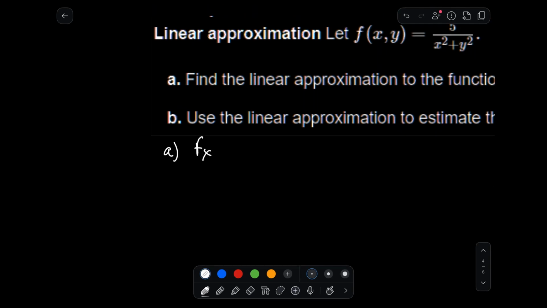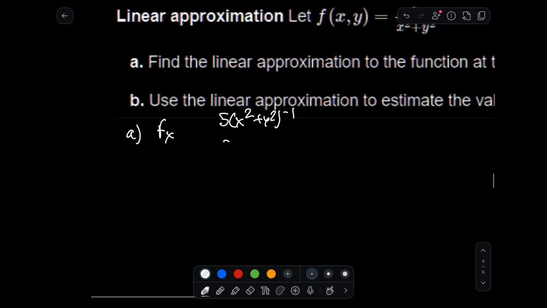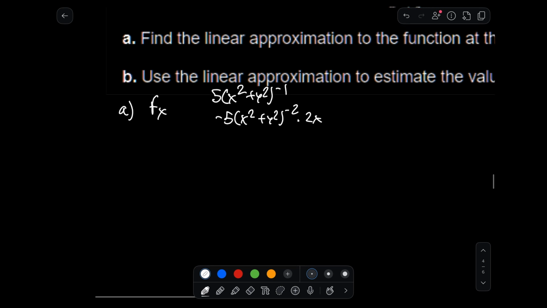Let me just rewrite it as 5 times (x squared plus y squared) to the -1. So then we get -5 times (x squared plus y squared) to the -2 times 2x. So then we get -10x over (x squared plus y squared) squared.